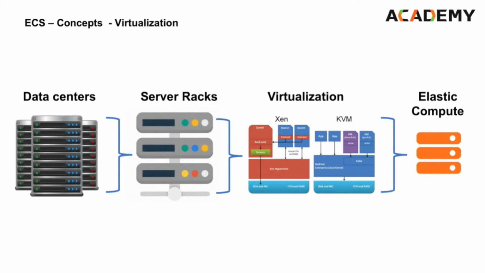This virtualization is aided by the Xen hypervisor or the Red Hat Enterprise Linux kernel. In the Linux kernel, we have the kernel virtual machine, which hosts all these ECS instances. There we create our own ECS instance, and the ECS instance acts like a separate computer.